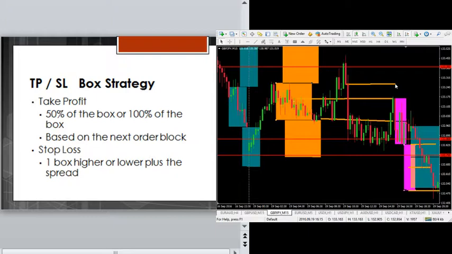Now, how are we going to protect ourselves from the trade? So if you're considering a buy, just like for this one, this is a buy on breakout. This is a buy on breakout as well. We are considering our stop loss one box down.